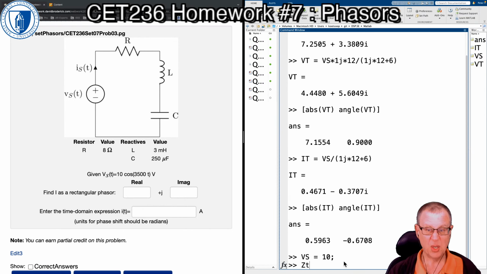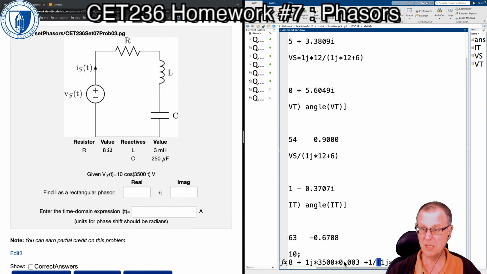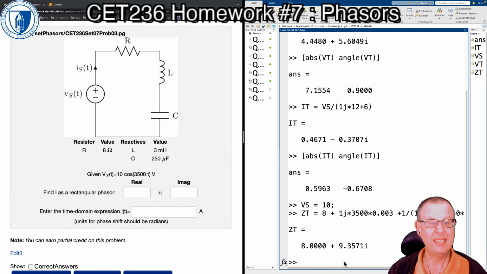So our Z total is going to be R, which is 8, plus j omega L, which is 3 millihenries, plus 1 on j times omega, which is 3500, times 250 by 10 to the minus 6, 250 microfarads. Okay, so there's our ZT, and we want the current.